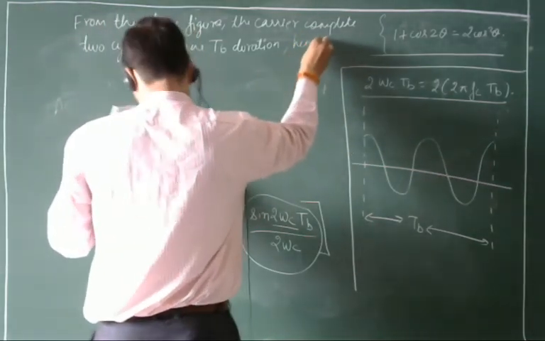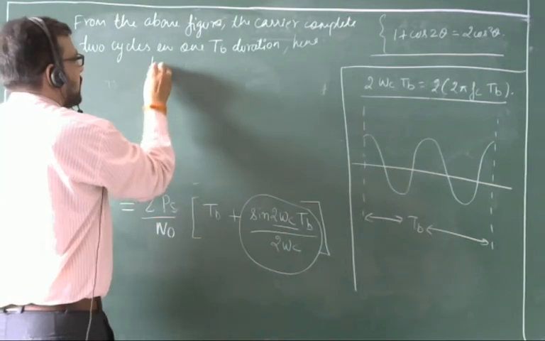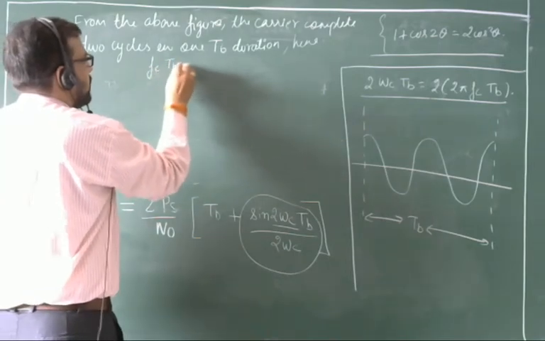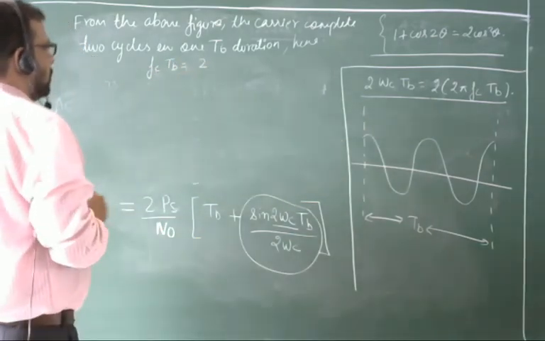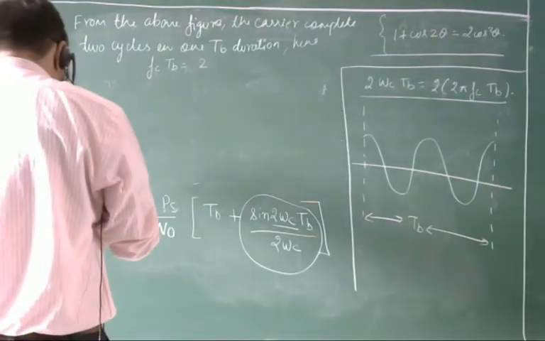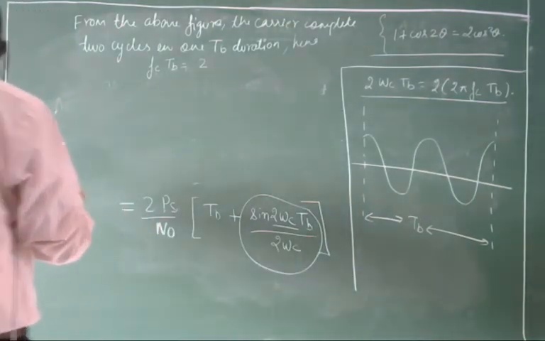Hence Fc into Tb is equal to 2. Okay, we can say Fc into Tb is equal to 2.